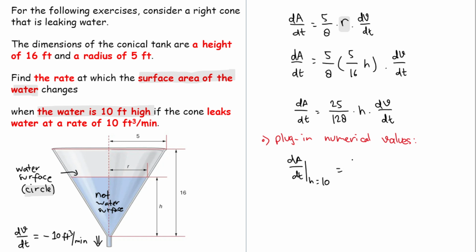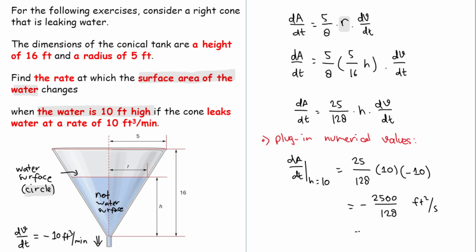So we'll have 25 divided by 128 multiplied by 10, and then multiplied by minus 10. And so we will have minus 2500 divided by 128. And the unit here is feet squared per second.